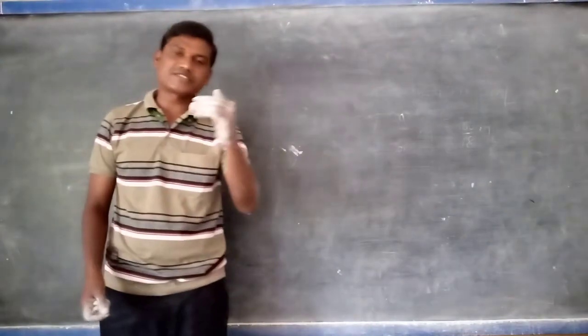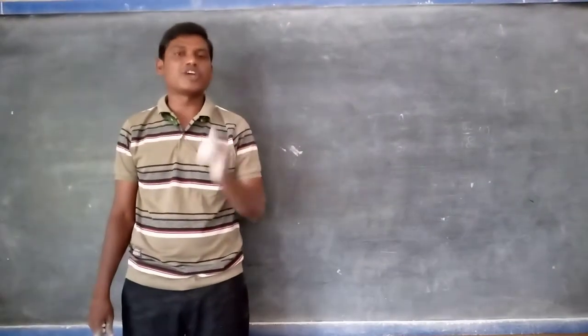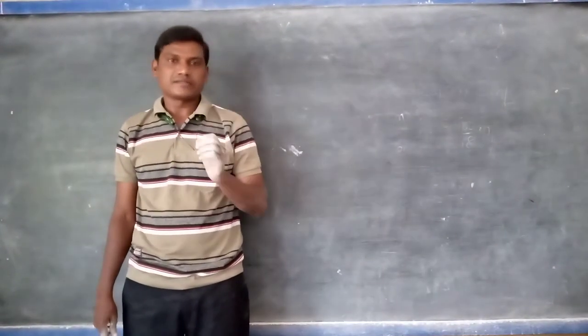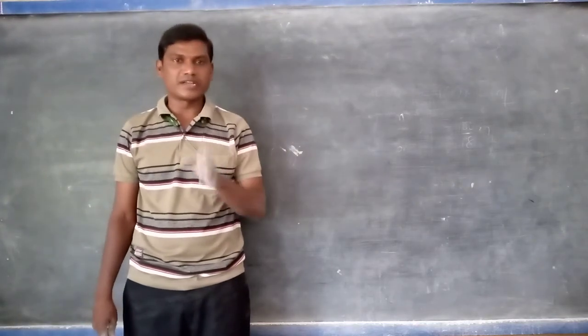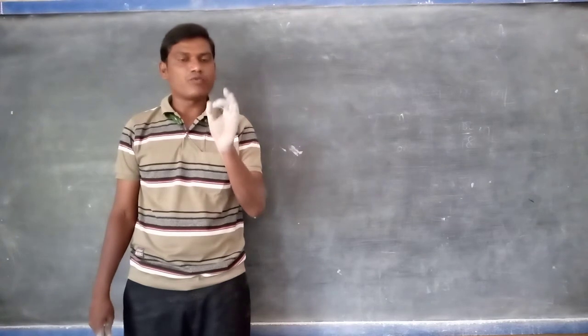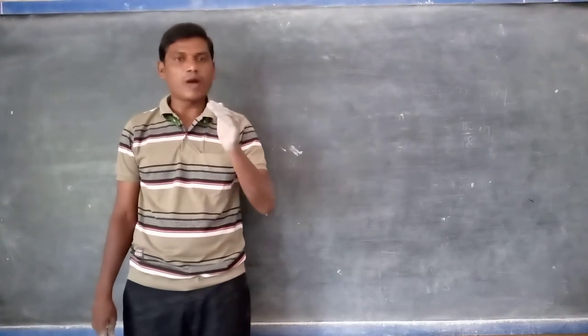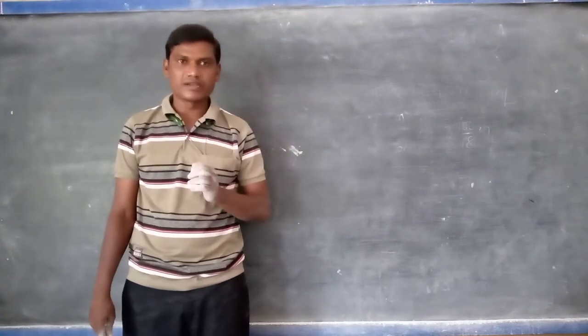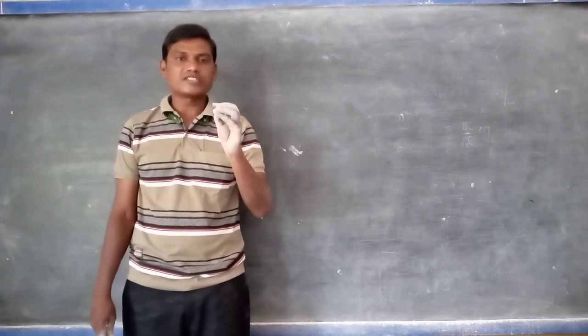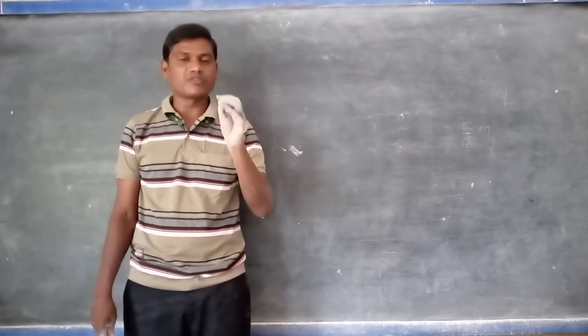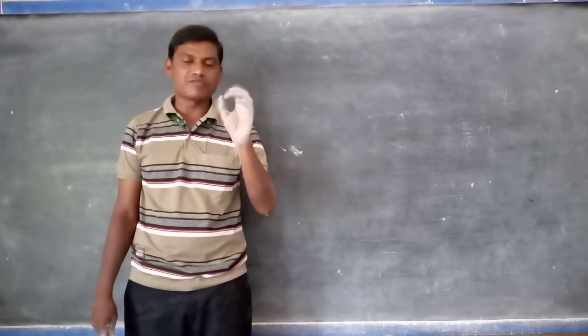So in the next video, in the motion chapter, I will try to explain the TQ questions. I hope every student carefully watches the videos uploaded by our school management on YouTube. You must watch the videos carefully 3 or 4 times every month.